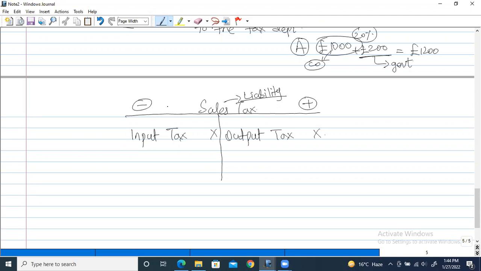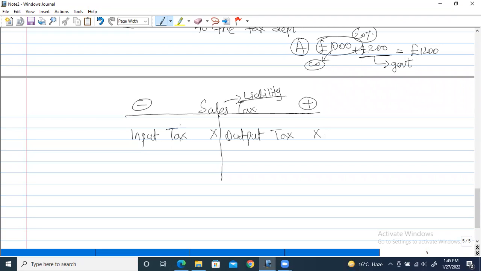We add it on the credit side, and we decrease it on the debit side. So input tax basically means that at the end of the day, we'll get it back, so it's decreasing the sales tax liability. And output tax means we are selling, so the government is expecting more from us, we'll pay them more. So in other words, it's increasing the liability. That's why output tax is written on credit and input tax on debit.